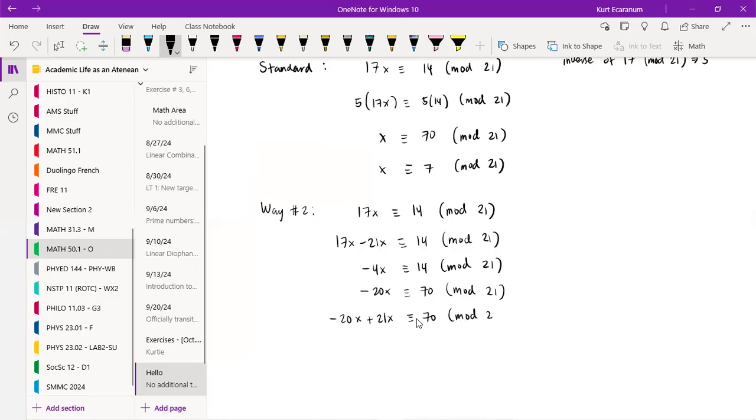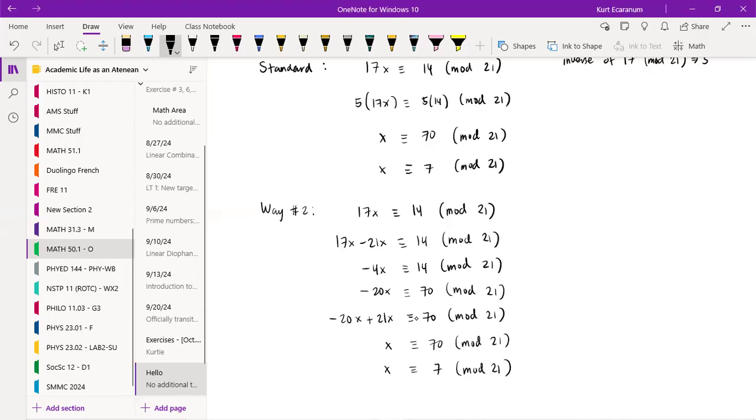And take note, I am just pinapakialaman ko lang yung left side. Mukha lang siyang mahaba, pero if you think about this approach, mas madali siya eh. I mean, in the sense that it's a systematic approach. You do not need to determine the inverse.